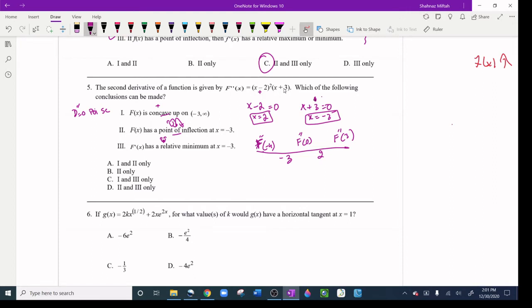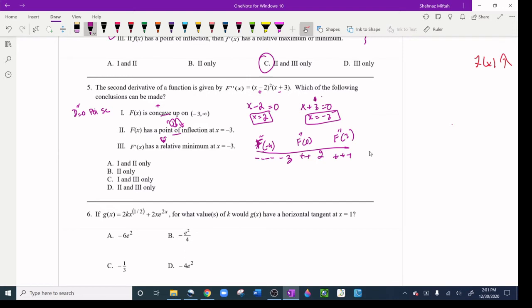This one is negative 4 plus 3, so that's negative 1, positive times negative is negative, so this is all negative. Then I'm going to go 0, and I plug in 0 here and 0 here. This negative 2, since it has a square, is going to turn positive, and this is already positive, so this is positive. Plug in 3. 3 subtract 2 is positive. 3 plus 3 is positive. This is positive.